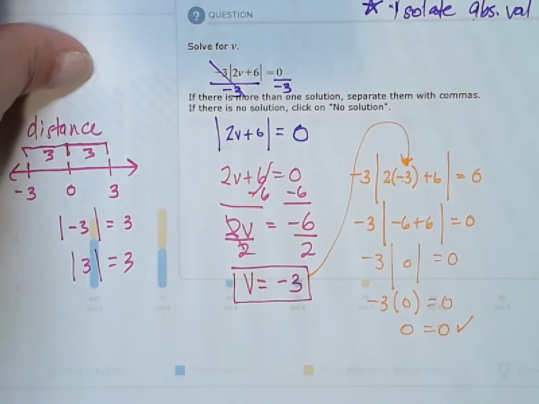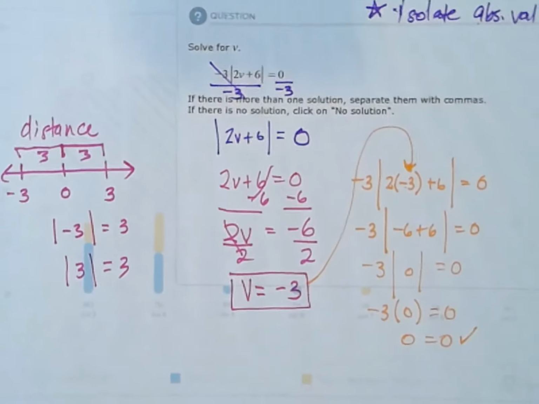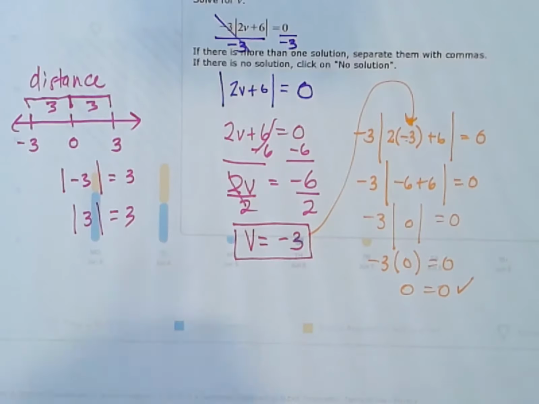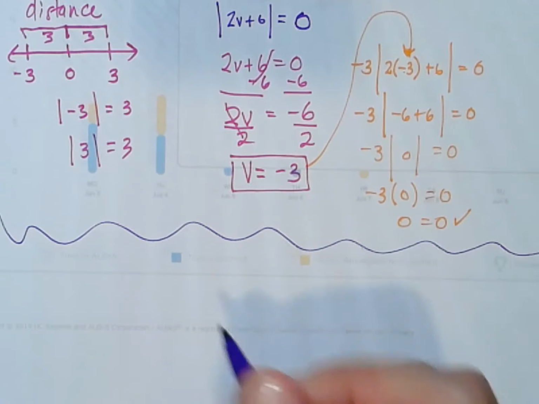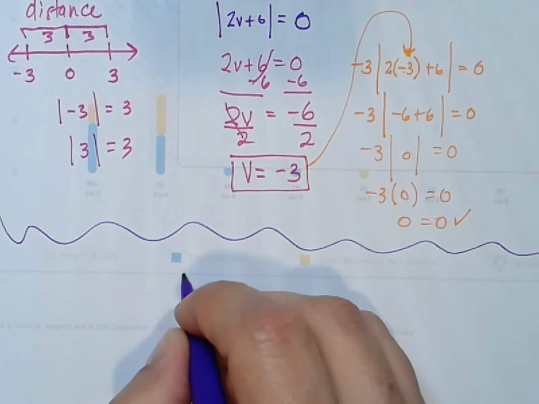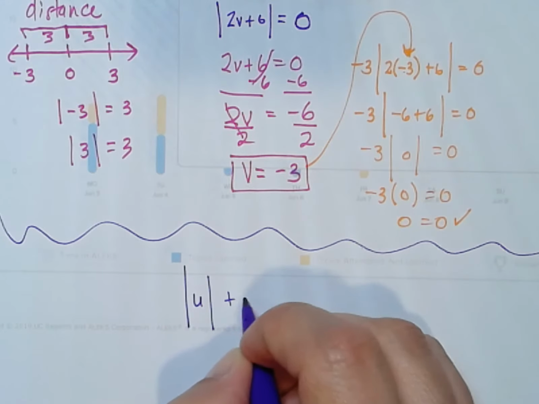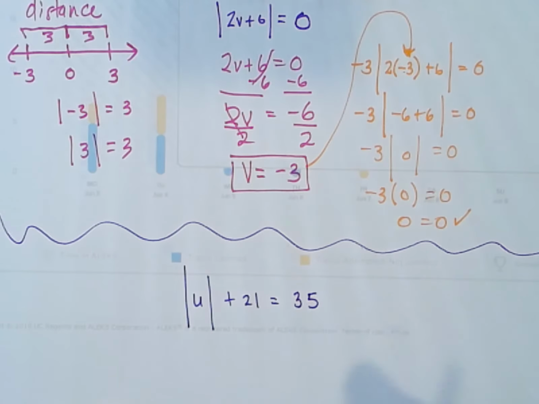Okay, let's look at another one. We better look at one more absolute value equation. Okay, so let me try this one. Suppose that I had the absolute value of u plus 21 is equal to 35.